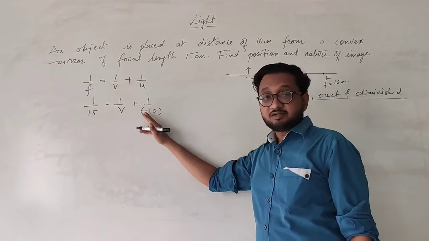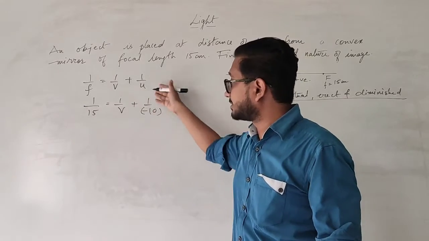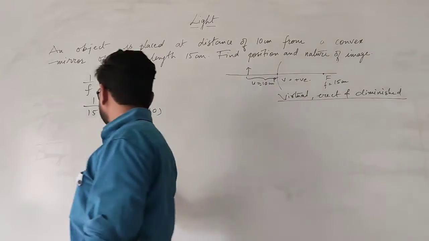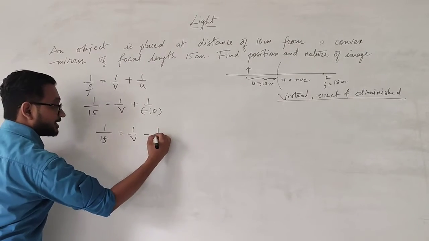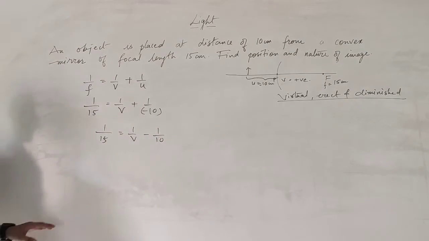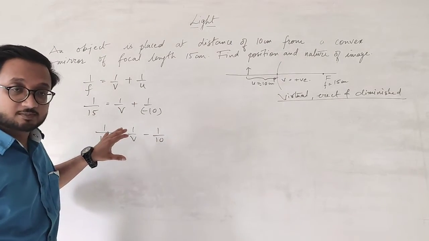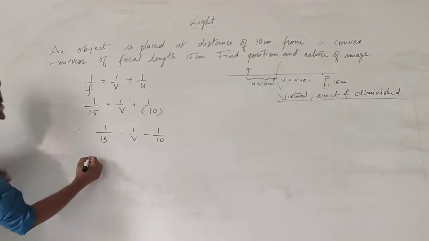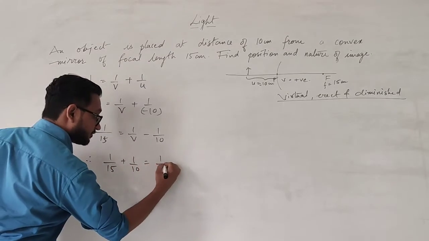Now this minus sign, I take it on the numerator and the whole term now becomes plus minus minus. So what I can do is, in the next step, 1 upon 15 equals 1 upon v minus 1 upon 10. Now this minus 1 upon 10 comes on this side of the equal to sign, it becomes plus 1 upon 10. So the next part is 1 upon 15 plus 1 upon 10 equals 1 upon v.